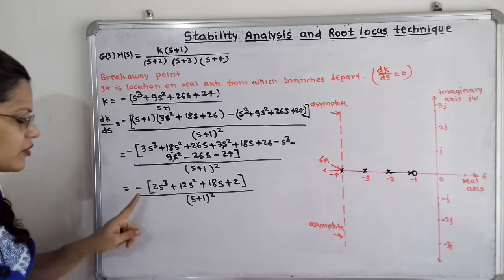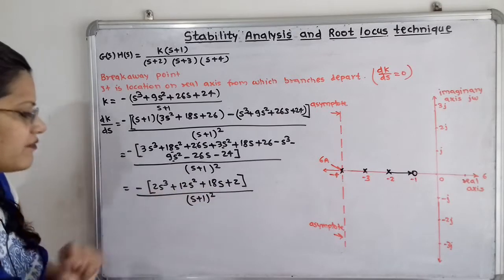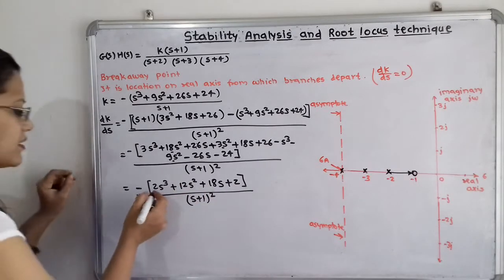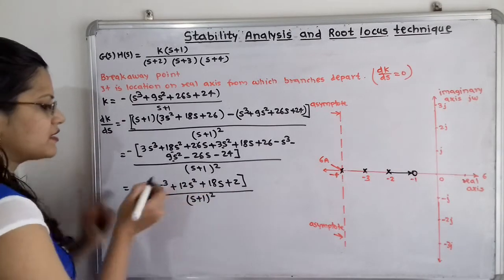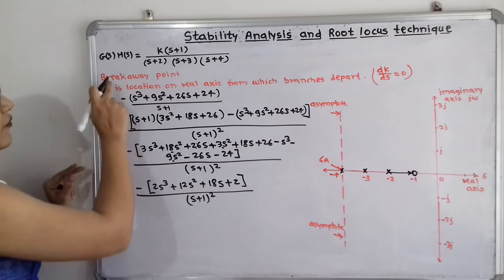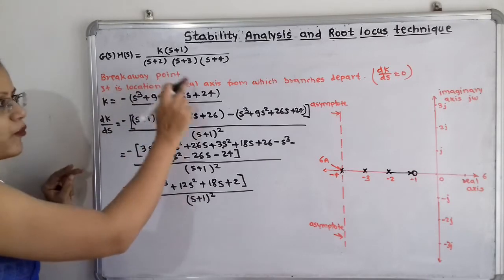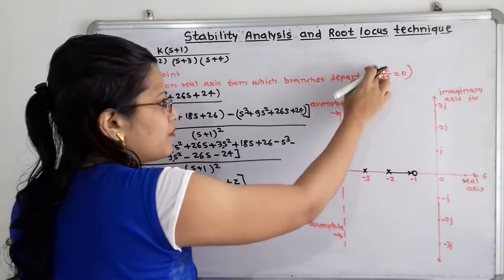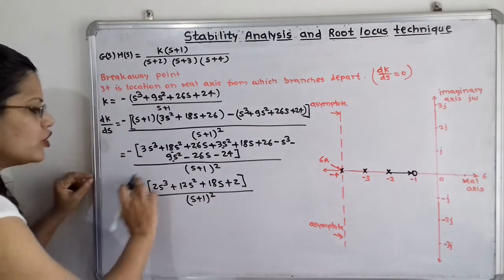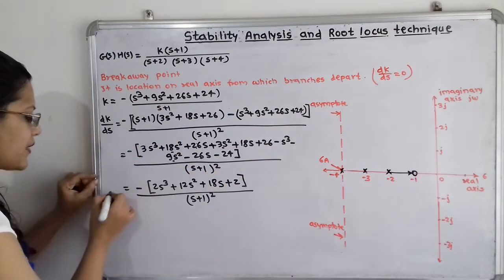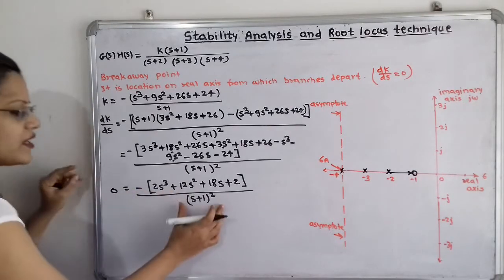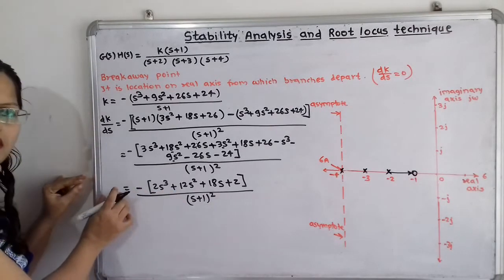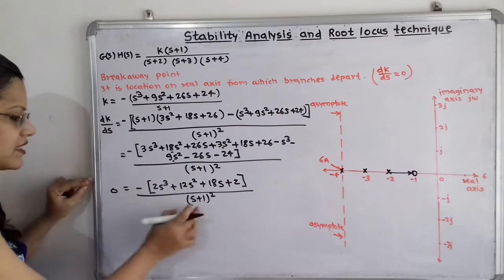Now again, if we observe, we can simplify this. So how to simplify this? That is, we have to divide it by 2. But before that, for the calculation of breakaway point, we have to take the solution of dK by ds equal to 0. So we will equate this term equal to 0. Now if I transfer this denominator to the left hand side, then it will become 0.